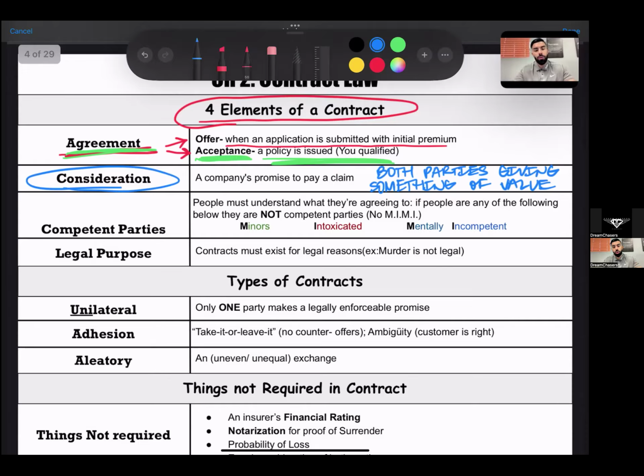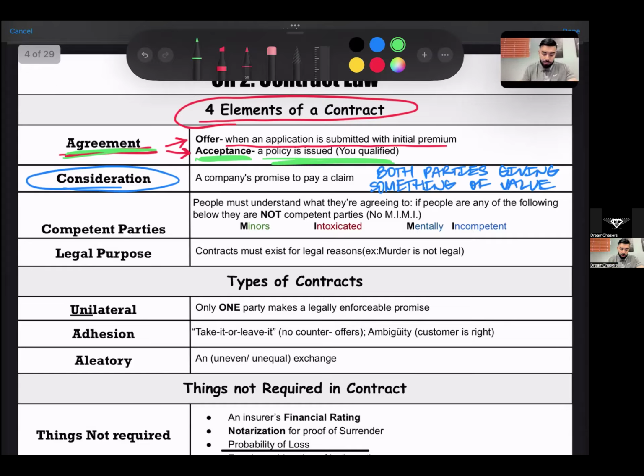What is the insured giving of value? They're making their premium payments and being honest on the application for insurance. The insured is being honest and paying their premium. The insurer is saying, if you pass away, we're going to pay out the death claim. Now we have consideration. Both parties are giving something of value.